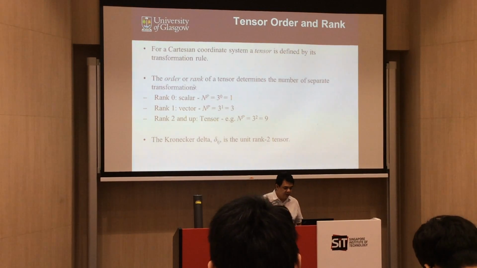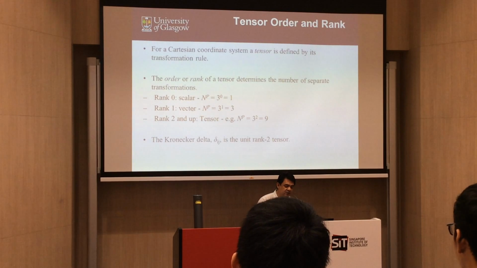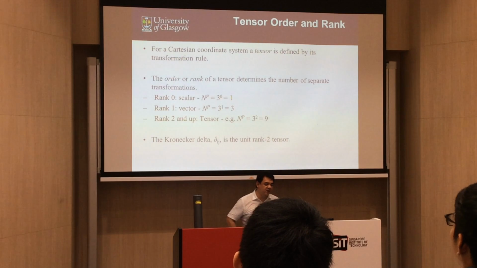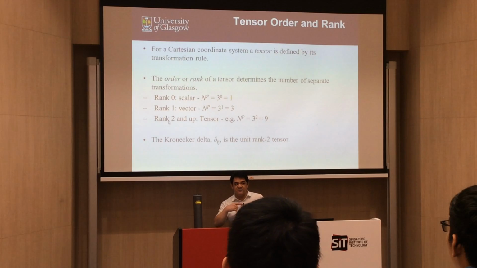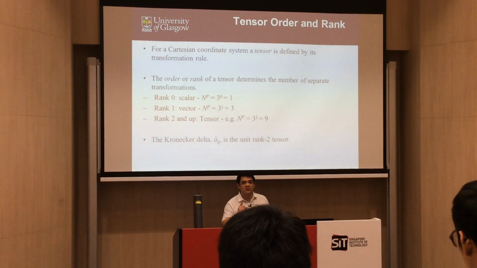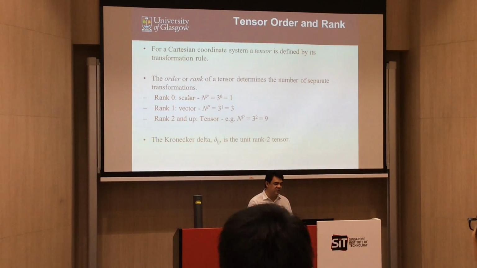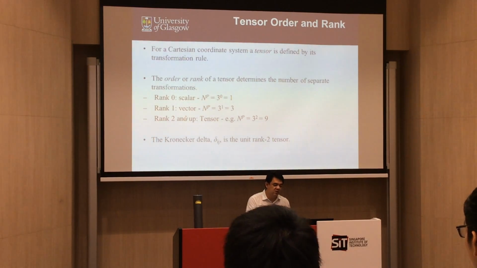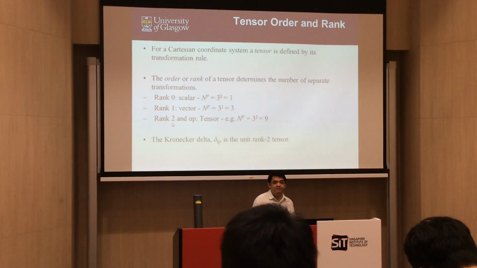Moving on. We have different ranks of tensors: scalar, vector, and so-called tensor. Normally, if the rank is 2 and above, we usually call them tensors. If the rank is 1, we just call them vectors. Although scalars and vectors are all tensors, we usually reserve the term tensor for rank 2 and up.